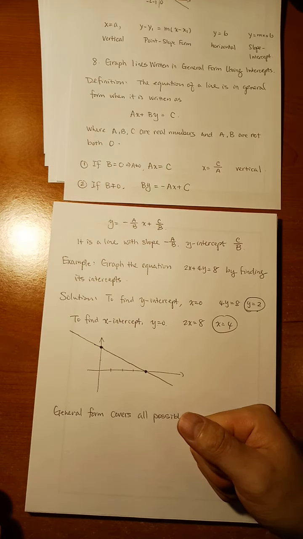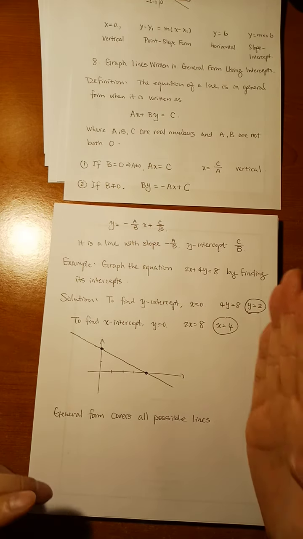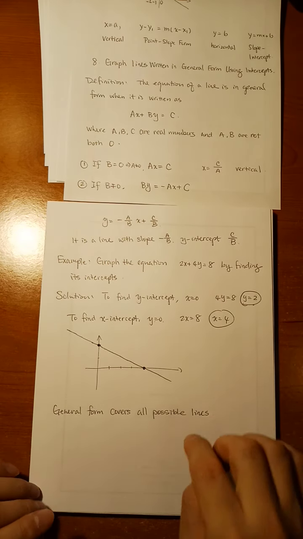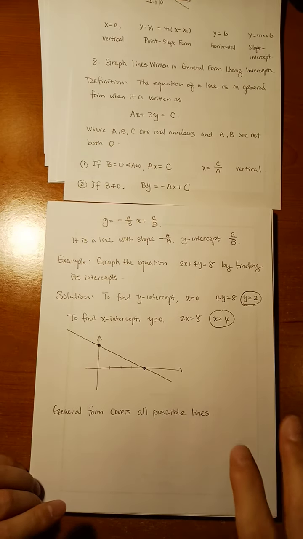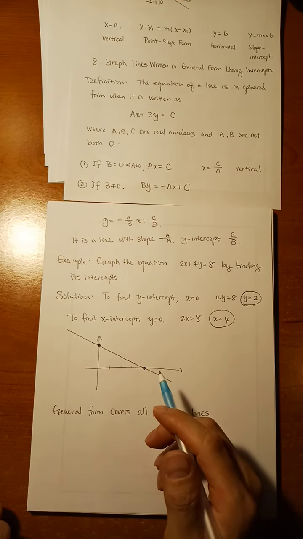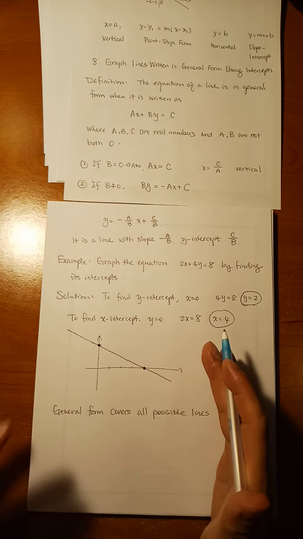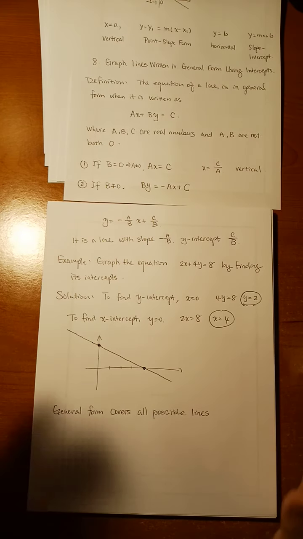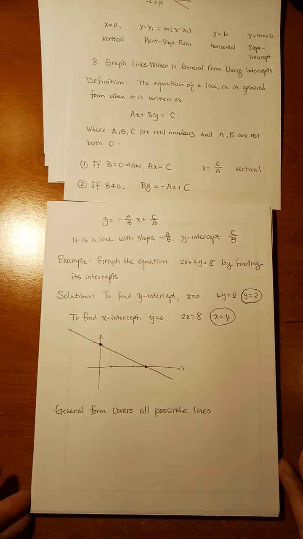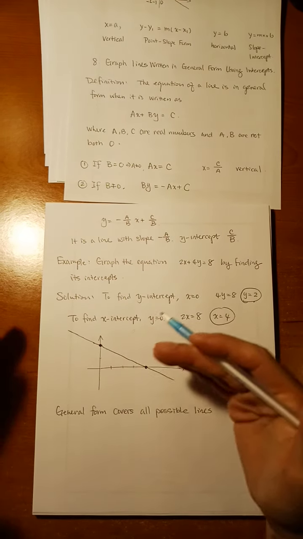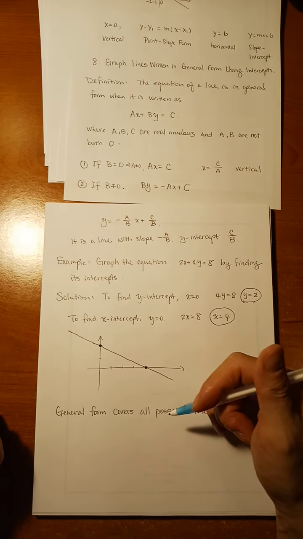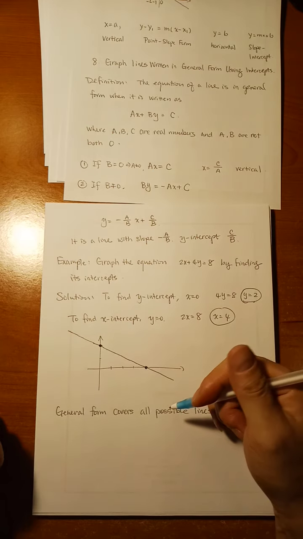When b is 0, it is vertical, no slope. When b is not 0, you have slope. So the general form is actually the most universal form for all line equations. It will cover the vertical lines. But if in your discussion you always discuss non-vertical lines, then you can just use slopes. Slopes can be discussed for just non-vertical lines.